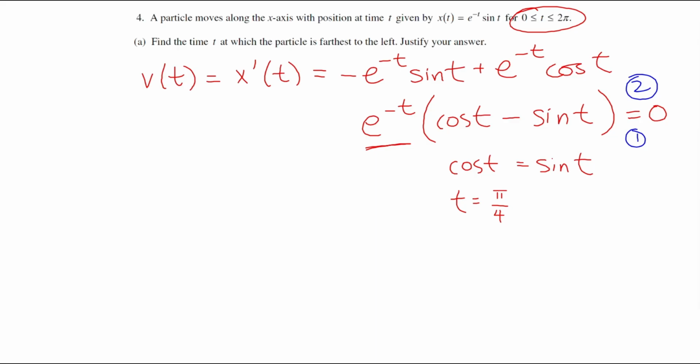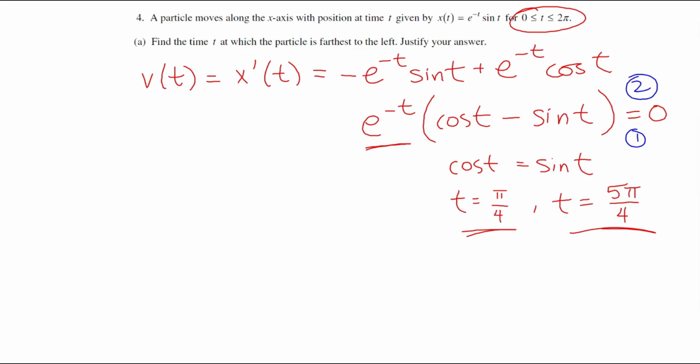But in the third quadrant, they're both negative. So we're going to use the pi over 4 increment in the third quadrant, which is 5 pi over 4. And we don't have to worry about 7 pi over 4 because 7 pi over 4 is in the fourth quadrant when cosine is positive but sine is negative.